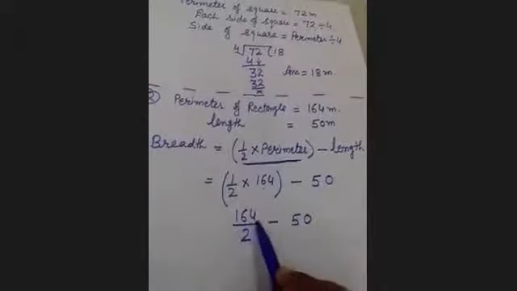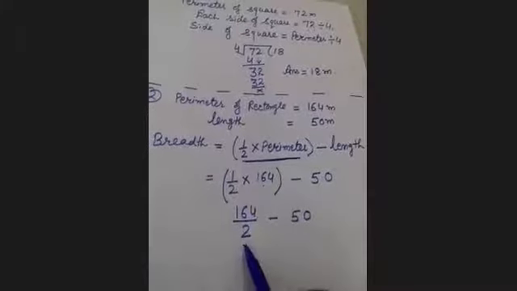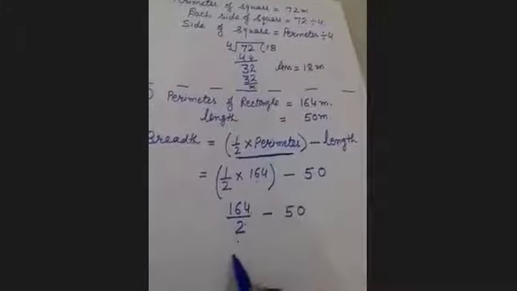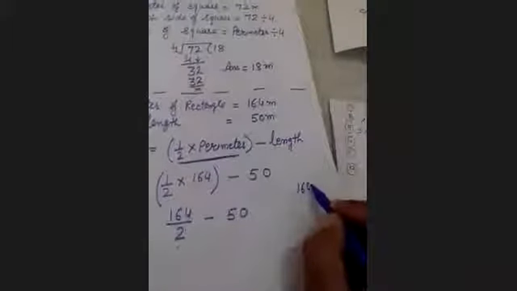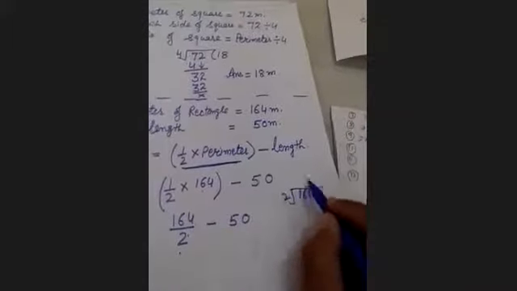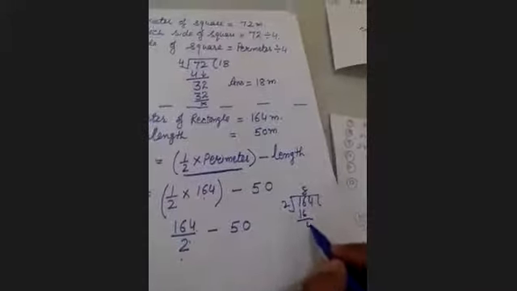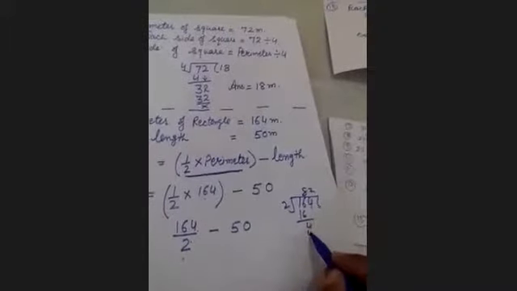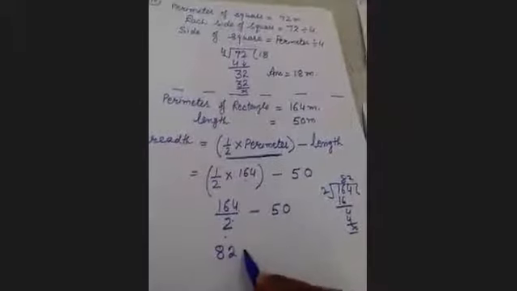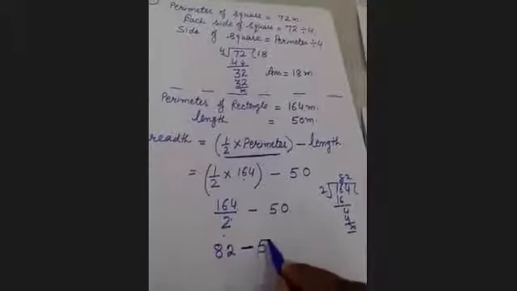Now divide 164 by 2. 164 divided by 2 we get 82. Then 82 minus 50.